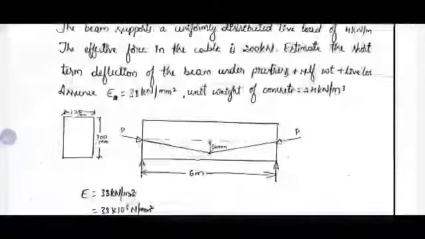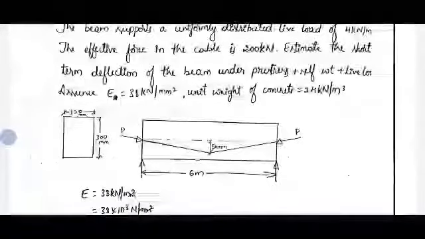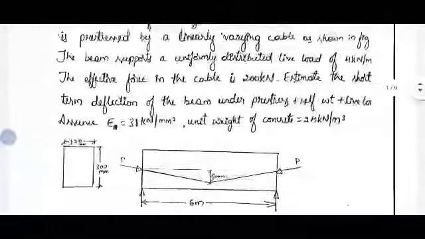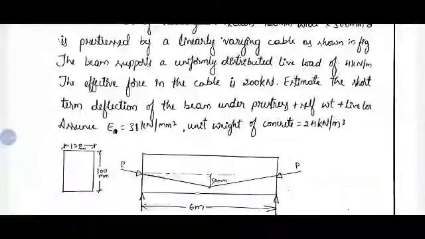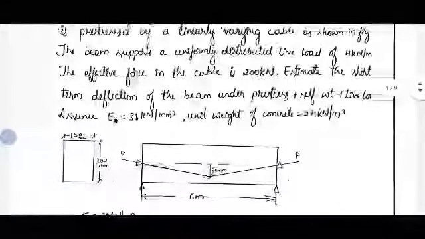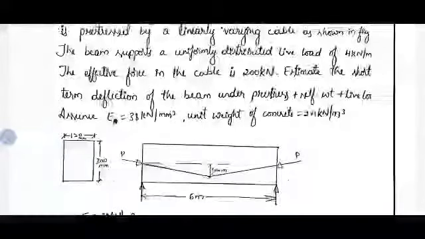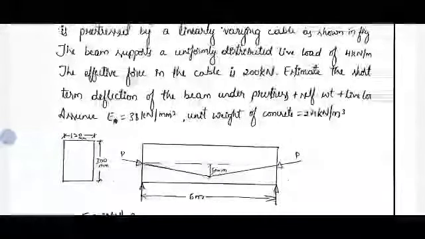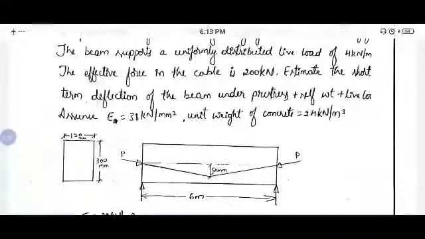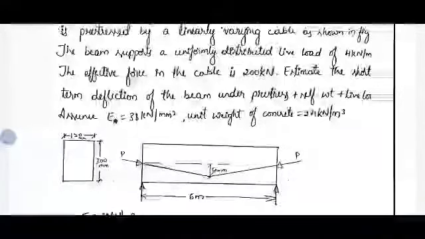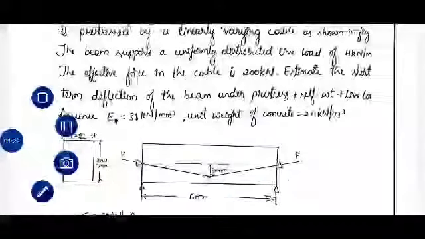So this is the cross section given, and the tendon profile is shown in the figure, so no need to worry. Here you can observe the cable has straight portions with eccentricity of 50 mm at midspan and eccentricity of 0 at supports.